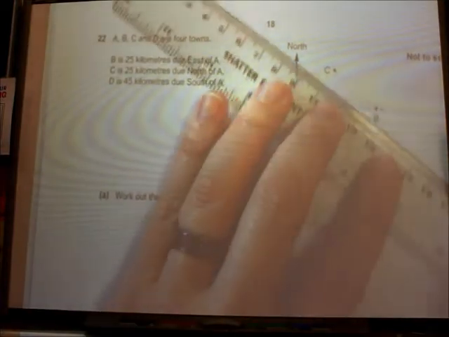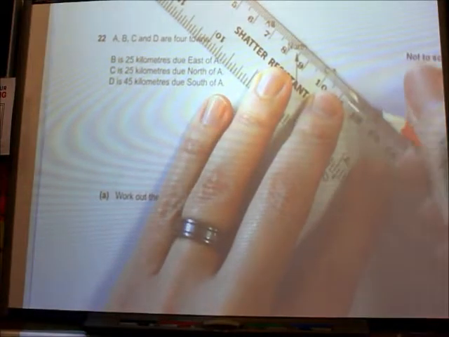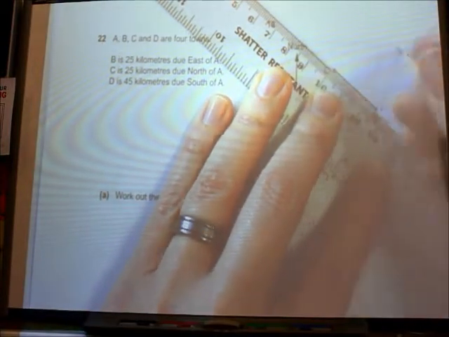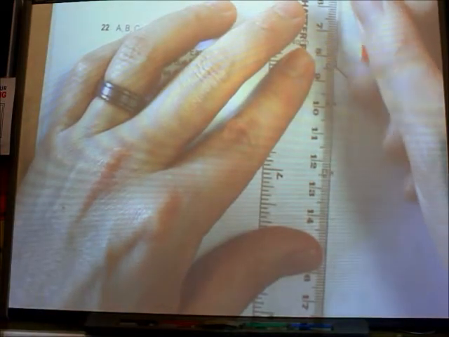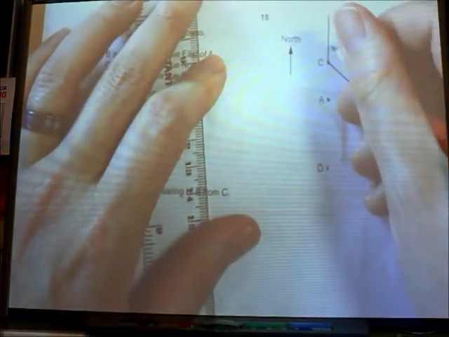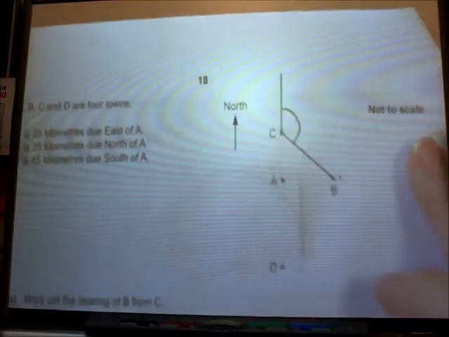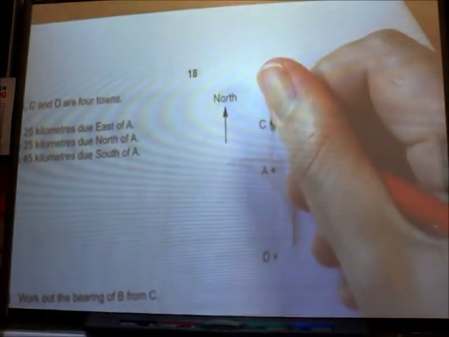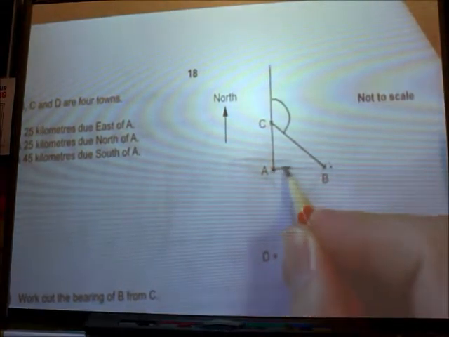So we want to know this bearing here. And I'll draw my north line on as well, so you can actually see the angle I'm trying to work out. Right, so you want to work out that angle there. When you're answering this one, what you need to spot is that the distance here and the distance here are equal.